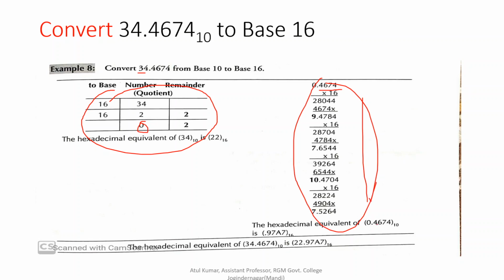So the hexadecimal for 34 is 22, and the hexadecimal equivalent for 0.4674 is 0.78716, and we combine these two to get the complete hexadecimal equivalent of the decimal number.